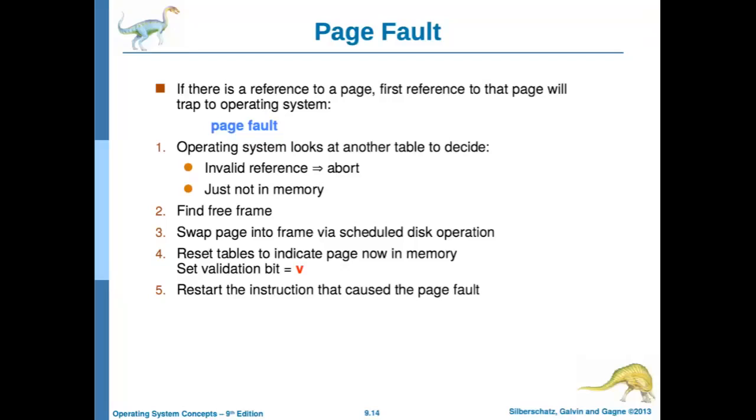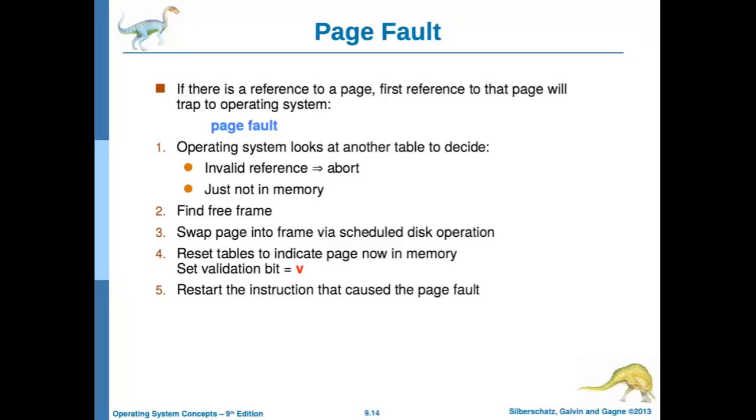That means the operating system first of all needs to find a free frame, then take that page from disk to the frame. That means some sort of copy operation is required. So now the data from disk will be copied into the frame.